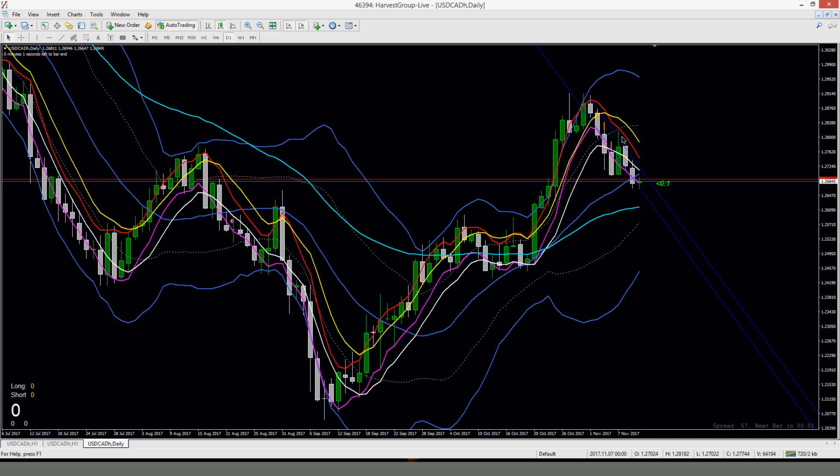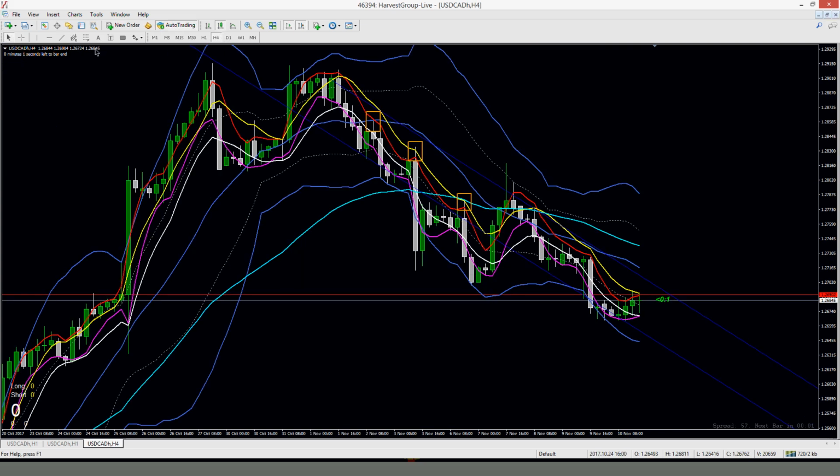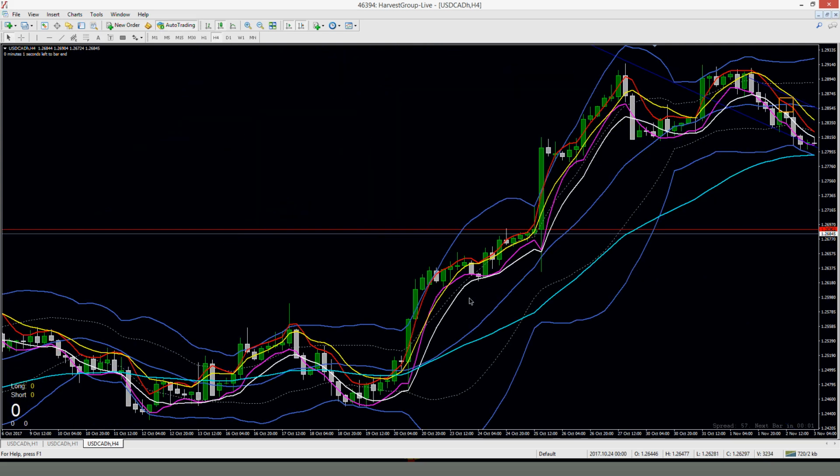Okay, so that's a re-entry sell on a D1 level. So by looking at MA50 and how the candles react to MA50 and how the price travels to MA50, then you know that this is a re-entry on a much higher time frame. Okay, so let's go back here.